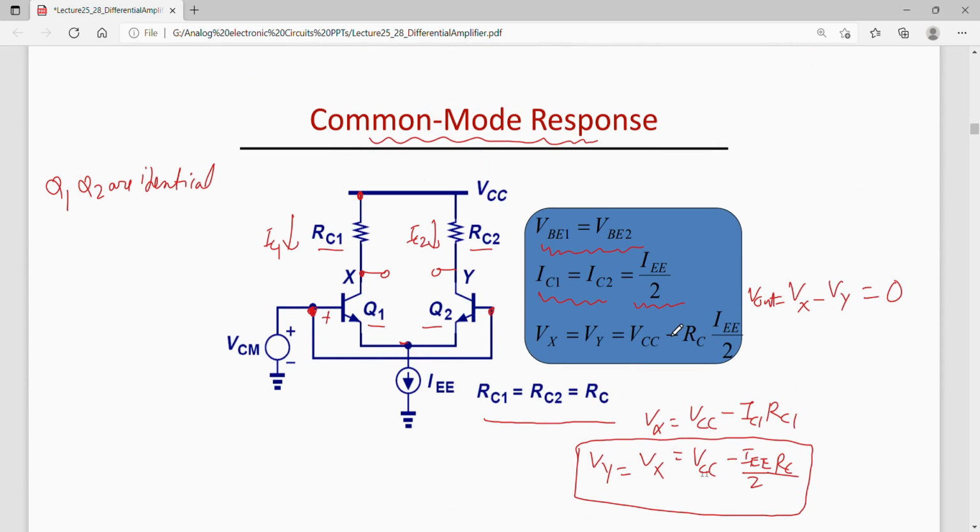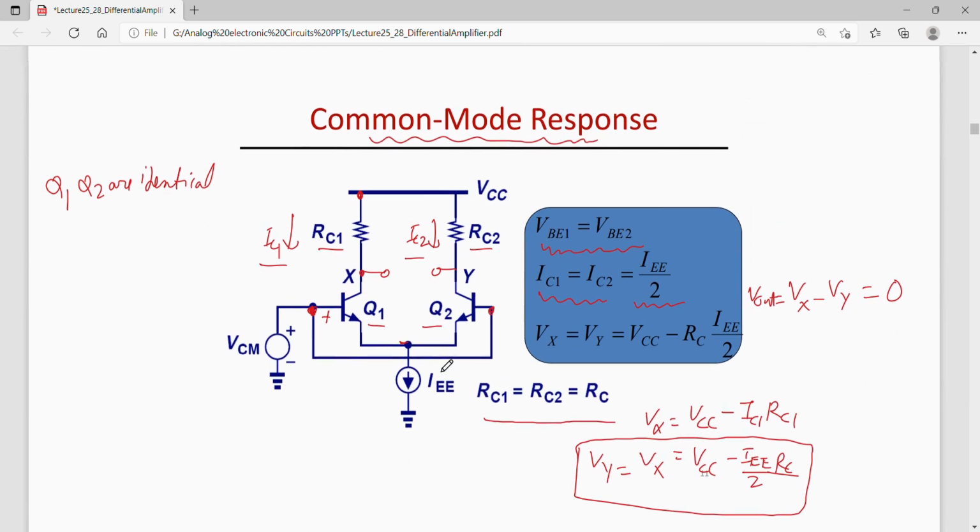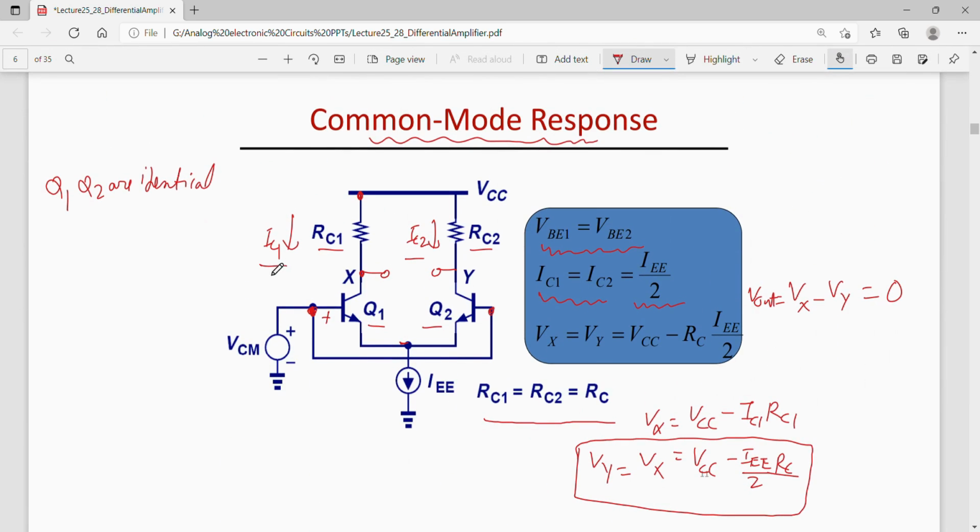Now we had commented that because of this tail current, my circuit is more stable, as IC1 and IC2 are fixed by this tail current. My collector currents now do not depend upon the input.